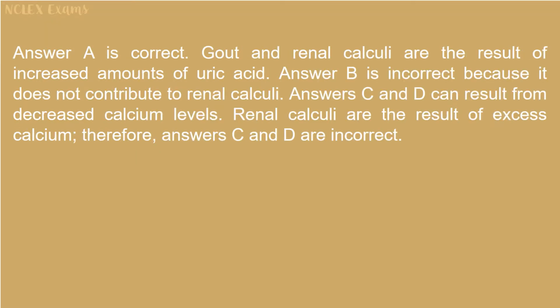Answer A is correct. Gout and renal calculi are the result of increased amounts of uric acid. Answer B is incorrect because it does not contribute to renal calculi. Answers C and D can result from decreased calcium levels. Renal calculi are the result of excess calcium, therefore, answers C and D are incorrect.